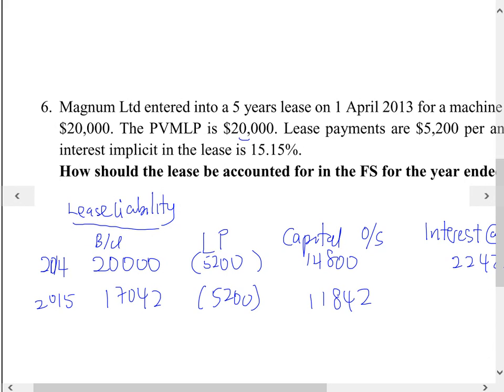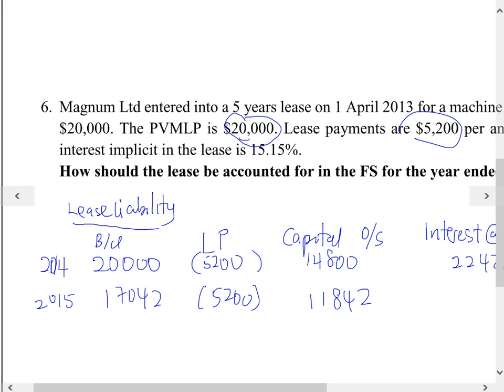they recognize this 20,000 from their understanding as a rental. Rental means it's like the old standard, operating lease. I treat it every year as a rental expense. So how is it going to affect the profit?